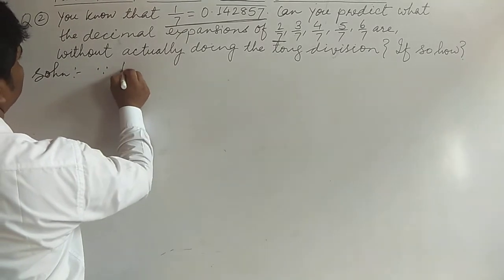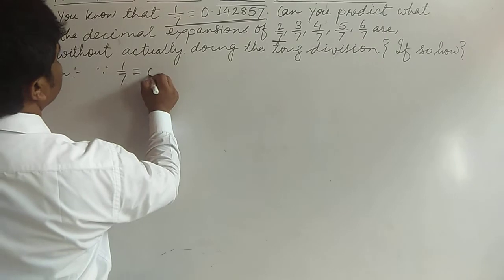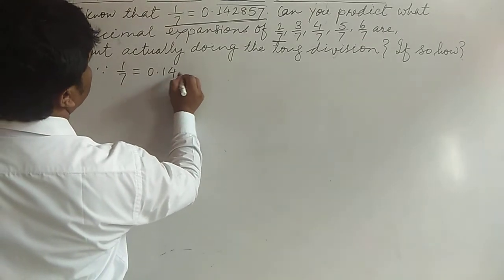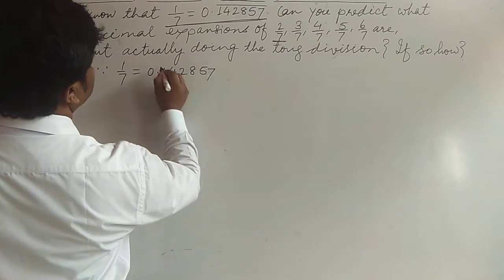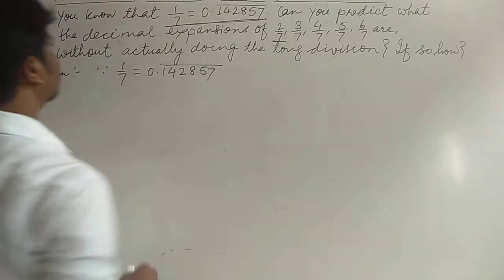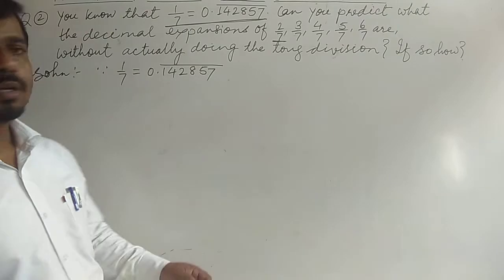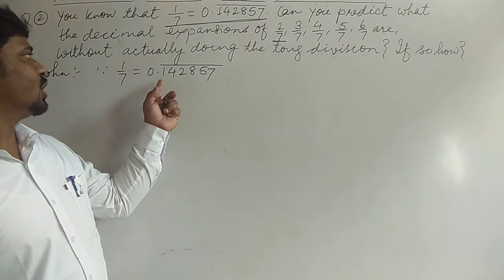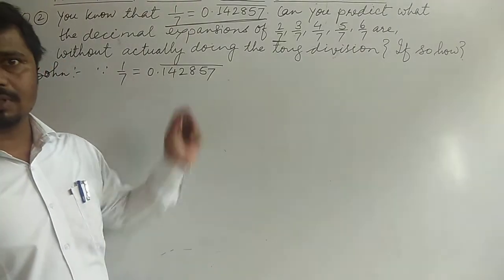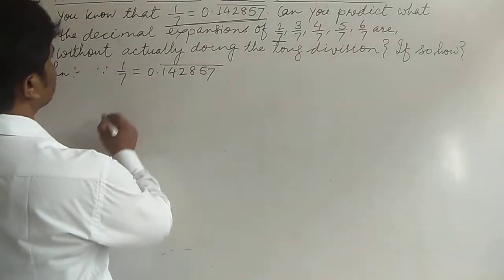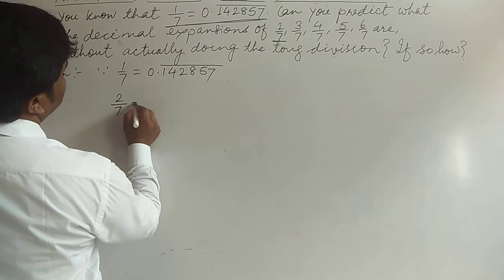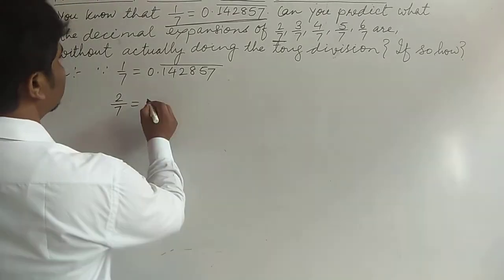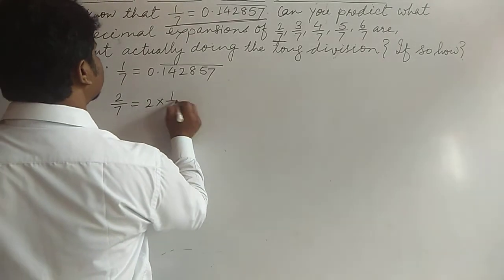Since 1 by 7 equals 0.142857, this is given. Now we have to find the value of 2 by 7 without dividing. So 2 by 7 we can write in the form 2 into 1 by 7.